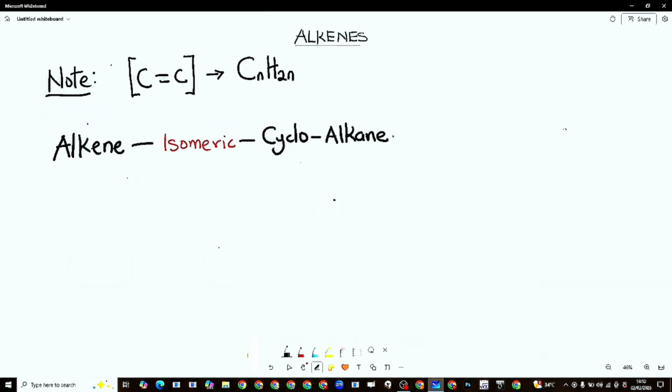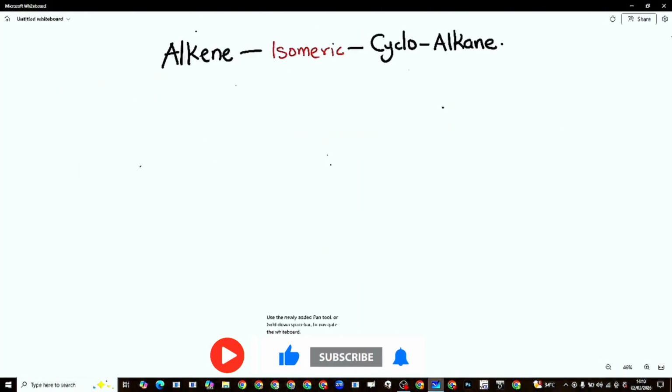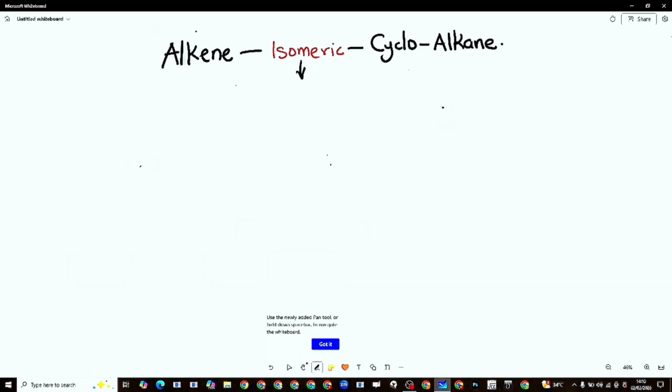Please note this. Now what does this statement really mean? Isomerism means that they have the same molecular formula as cycloalkanes. That is, the formula is CnH2n. They share the same formula, right?